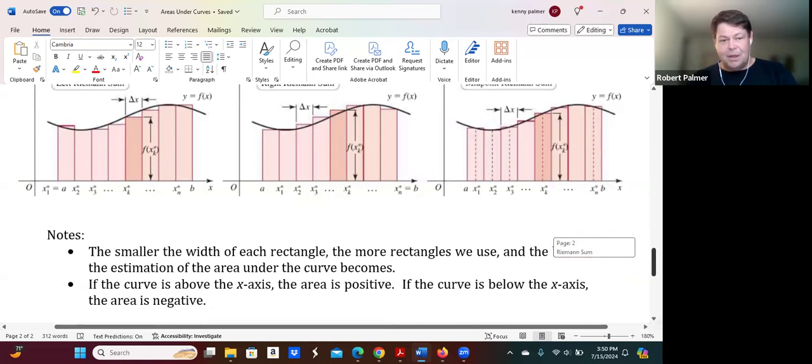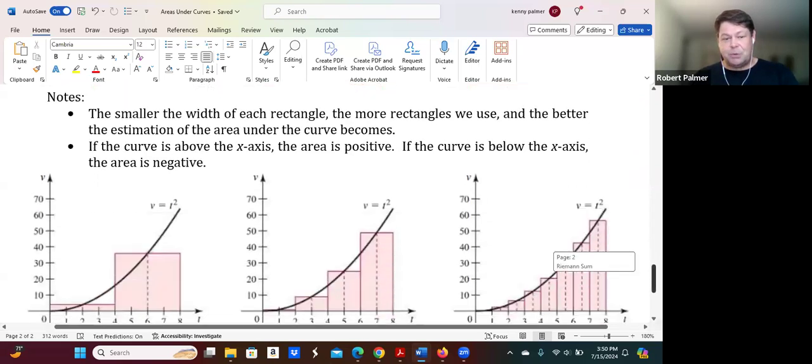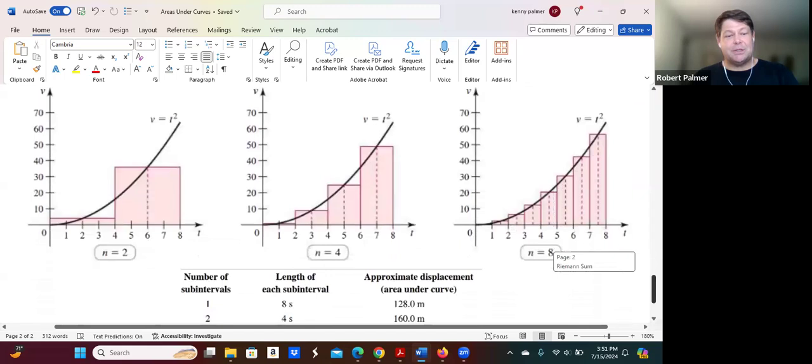Now, a few more notes. As you can imagine, the smaller the width of each rectangle, which means the more rectangles we use, the better the estimate of the area under the curve becomes. If I make these rectangles narrower, I reduce these errors, these places where it overshoots and undershoots. That's what you can see right here, also taken from a textbook.